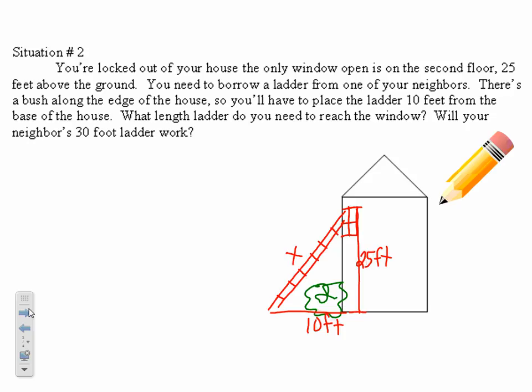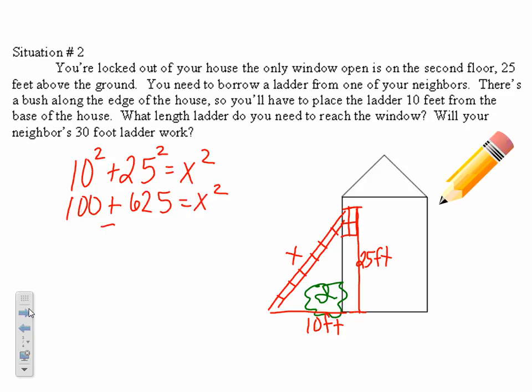So let's use the Pythagorean theorem to calculate this. We have 10 squared plus 25 squared equals x squared, because x is, again, the hypotenuse. 25 squared is 625. 10 squared is 100. So 725 equals x squared. And now we go ahead and square root, and I said you can certainly have a decimal here.